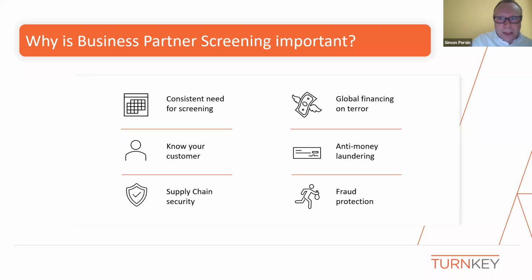Particularly in complicated supply chains, understanding that those suppliers are also ethical and are actually aligning to our own corporate objectives, our own compliance requirements, and our standards and values is really, really vital.